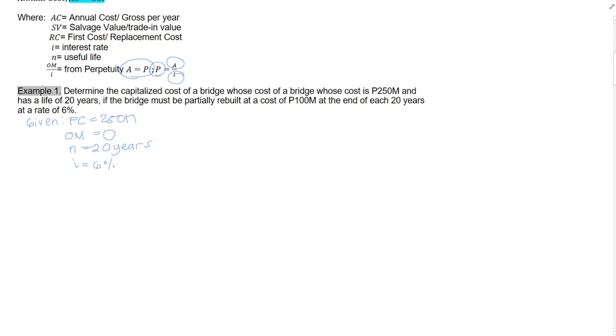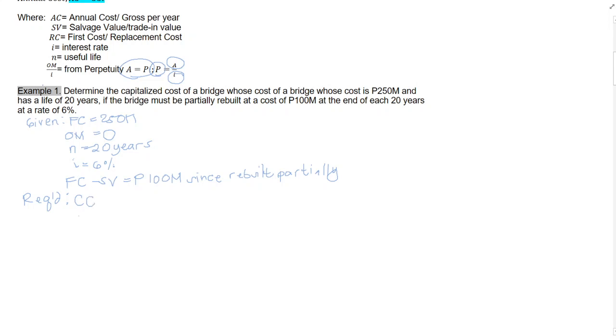The first cost minus the salvage value is already your 100 million, since it is rebuilt partially, as mentioned. For our requirement, we are asked to give the capitalized cost, that is CC.